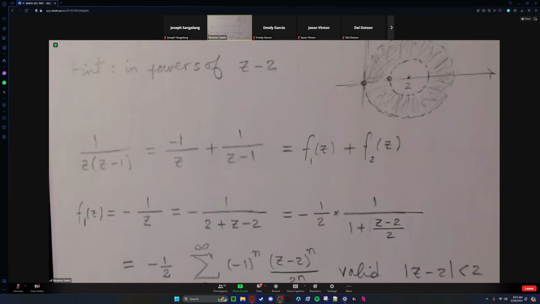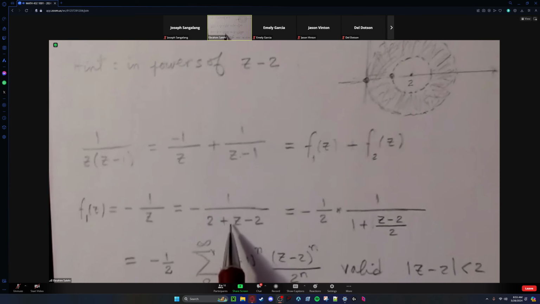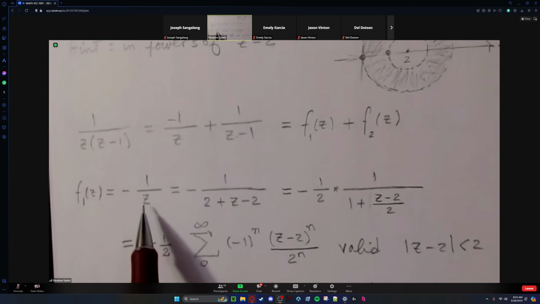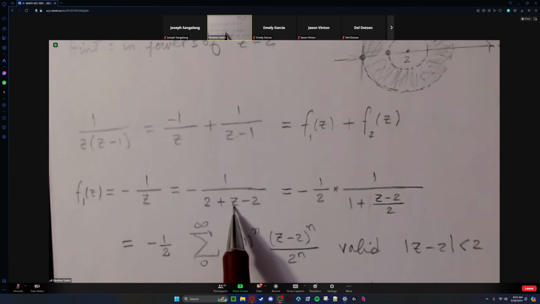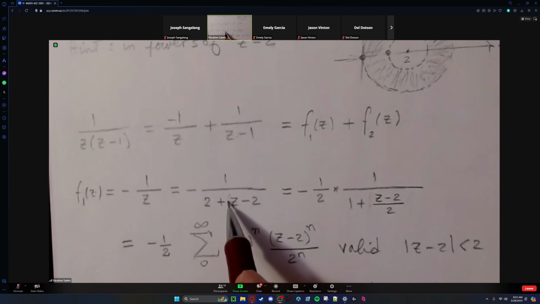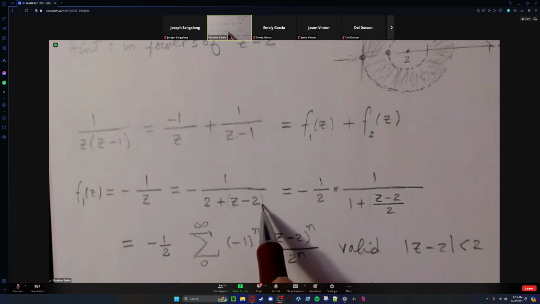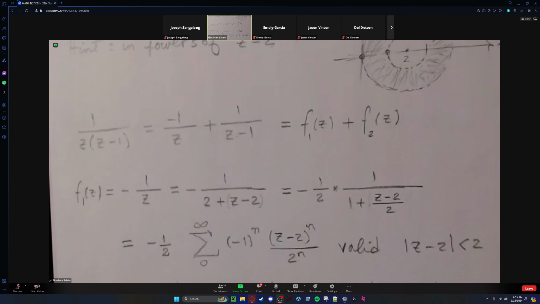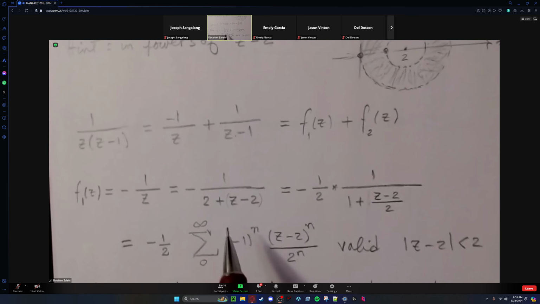Since you want to write in powers of z minus 2, you better make z minus 2 appear somehow. And in this case, it's not that bad. You just add 2 and subtract 2. Oh, you got z minus 2 right here. And it seems that it is ready for geometric series.